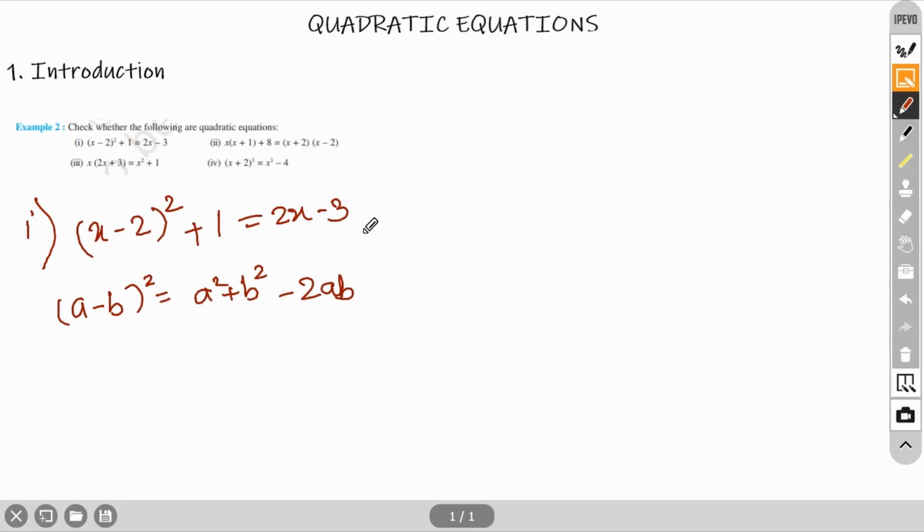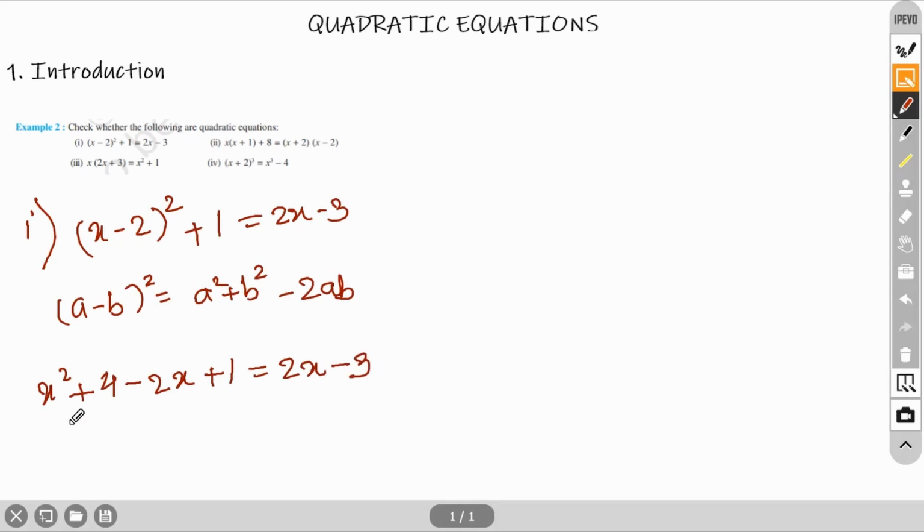See, all these identities of a minus b whole square, whole cube, and all that, you have to remember these because they are very useful. They will be used again and again. So opening x minus 2 in the same way, with the help of the identity, we'll get x square plus 4 minus 2x plus 1 equals 2x minus 3.